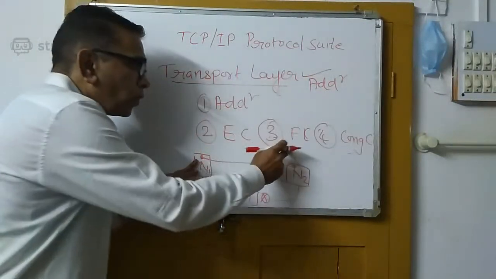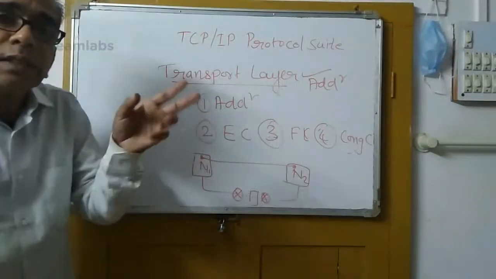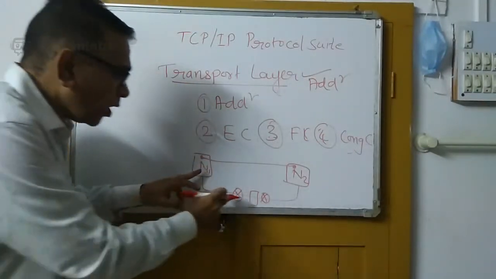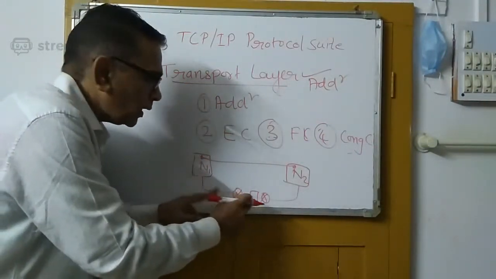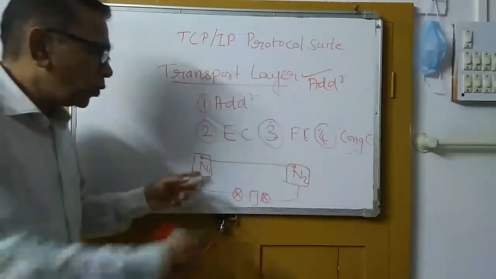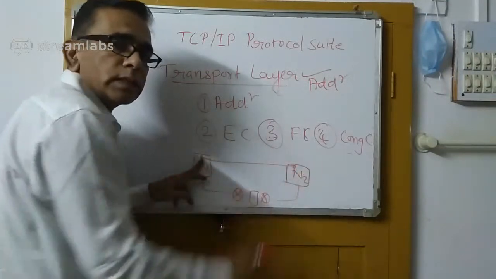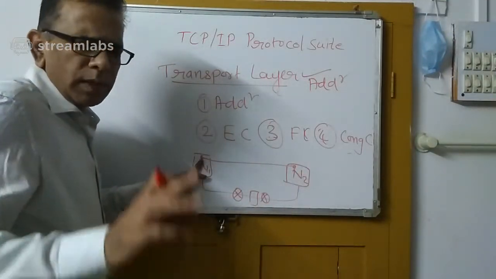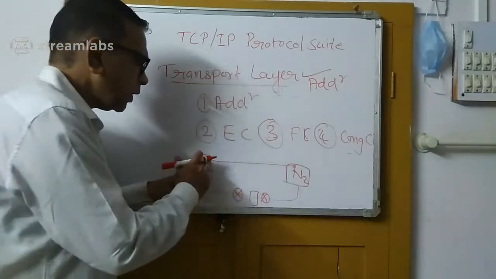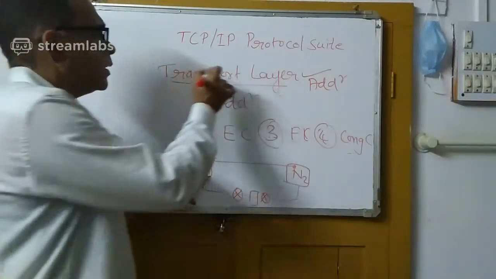This error control, flow control, congestion control takes place between two processes. It is not between two links or between two nodes. It is an issue between two processes, and it is taken care of by the transport layer.